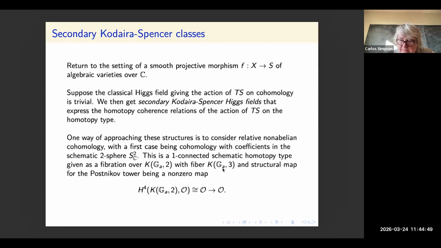And the structural map for the Postnikov tower is essentially this cup product map. The H4 of the Eilenberg-MacLane stack, that's the second symmetric power of G_a, so that's going to be O. And the structural map for the fibration of K(G_a,3) is a map to an H, less than H4 again.